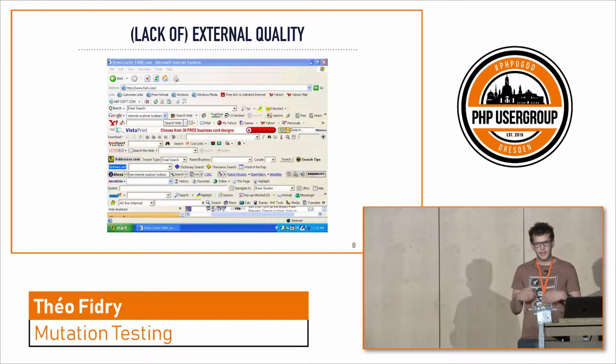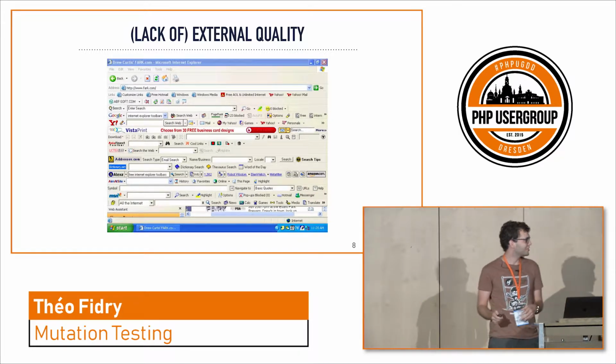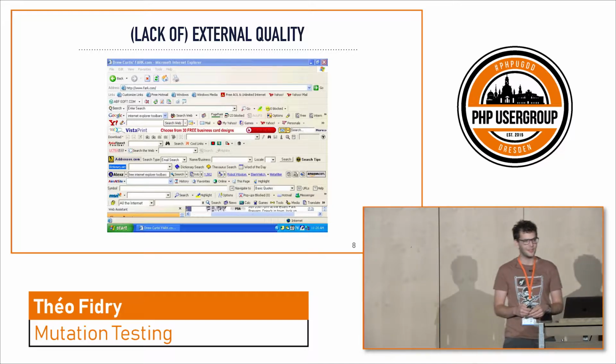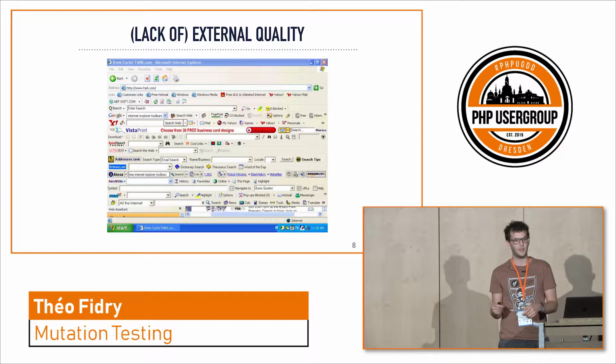If we were to illustrate a lack of external quality, for those who don't recognize it, it's a screenshot of Internet Explorer on Windows XP, so it's a bit old, where you would accept to install all the toolbars each software installer recommended.